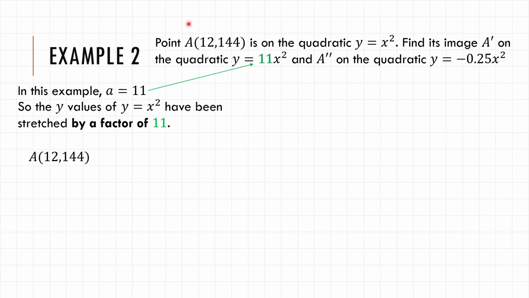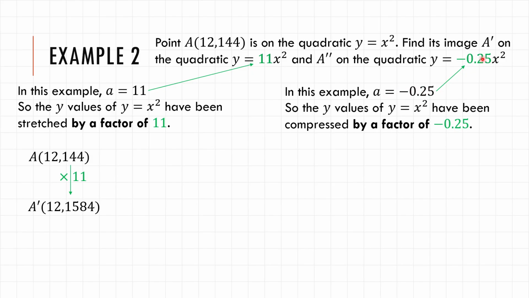So if we take this point, 12 and 144, and we take the y value, 144, and we multiply it by 11, we will get its new location, the location of A prime. And we could just plot that on a graph. In the second example, the value of the variable a is negative 0.25.